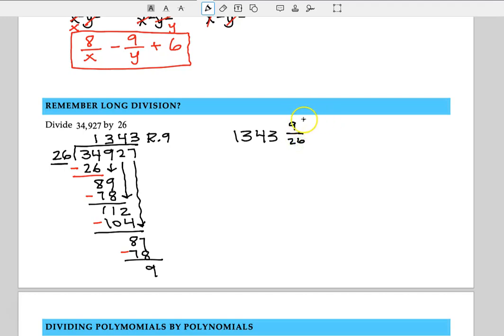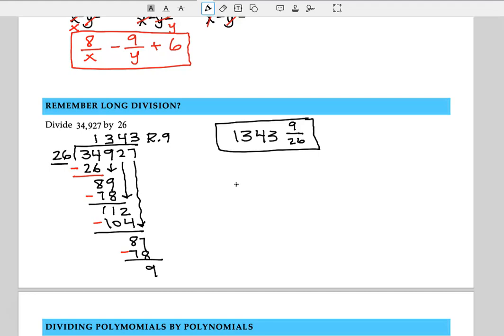And so our answers are going to look something more like this when we're doing the long division with polynomials. So hopefully that was a good refresher on how to do that, because I know people rarely do long division anymore, but you've got to know how to do it for the polynomials.